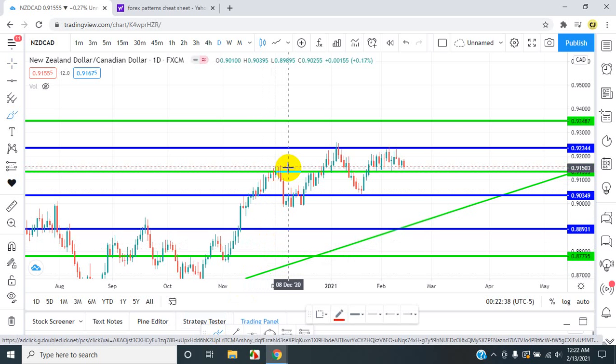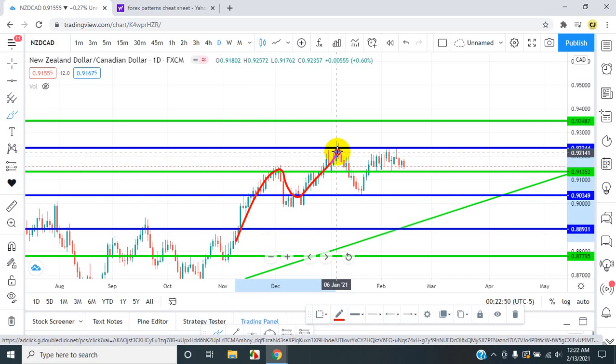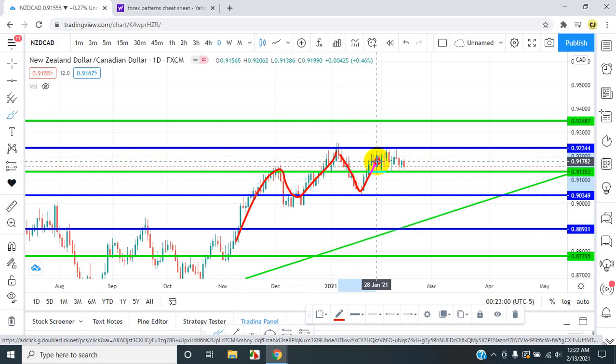So what we can see is that the market has come up, come down, pushed up, broke previous areas of resistance, created new areas of support, come back down, pushed up once again to reach a previous area of support.